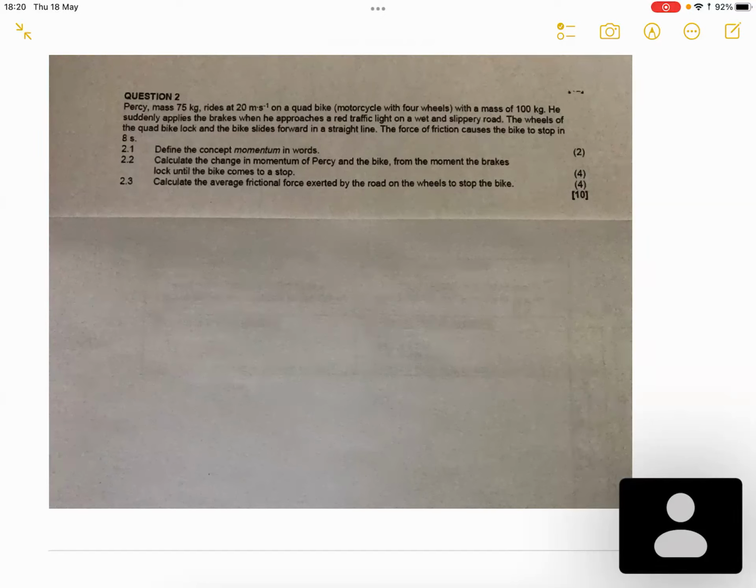Okay, so 2.1 says, define the concept momentum in words.